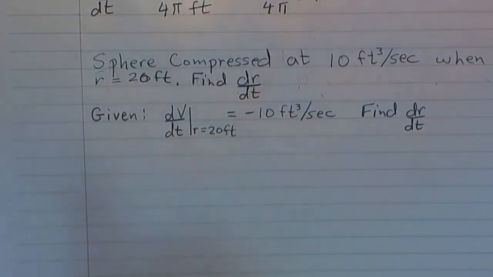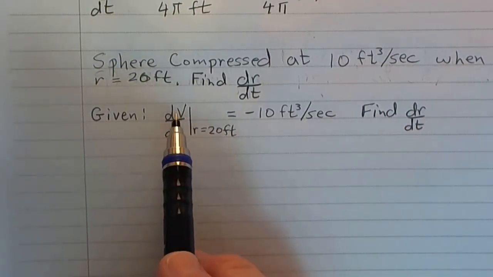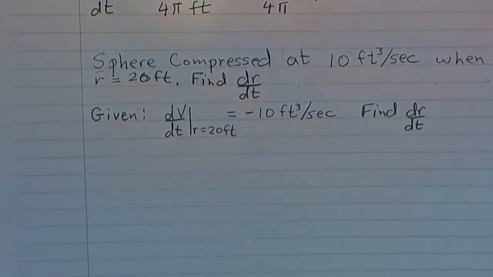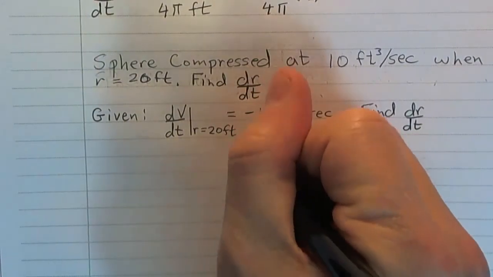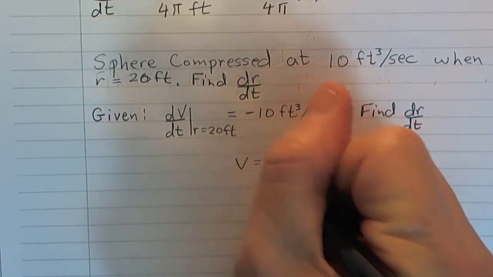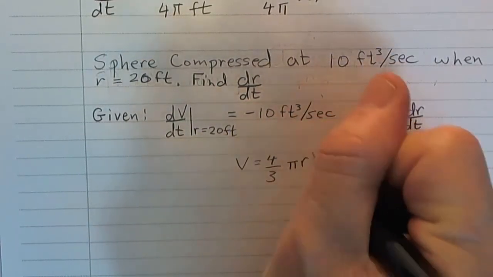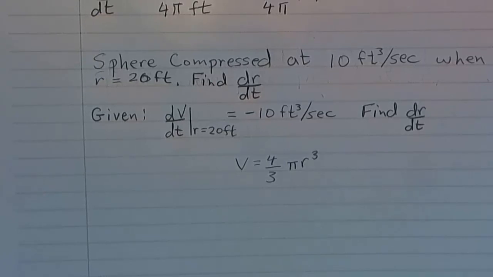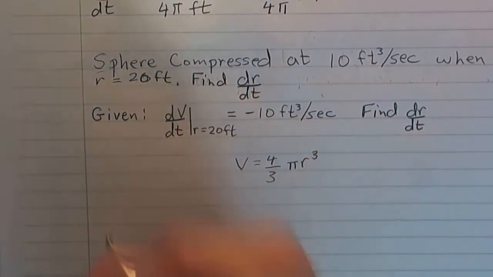Well, I need a relationship between the rate of change of volume and the rate of change of radius. To do that, I need a relationship between V and r. We know the relationship between volume and radius on a sphere is volume equals 4/3 pi r cubed. Once we have that relationship, we can start differentiating.